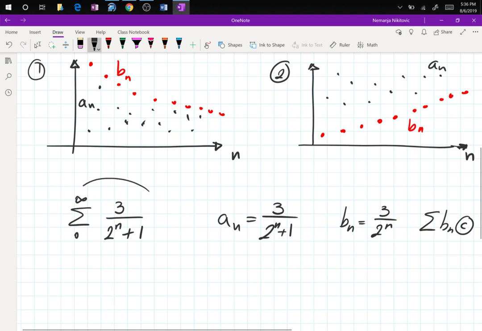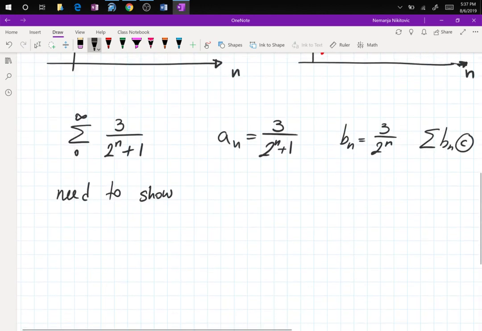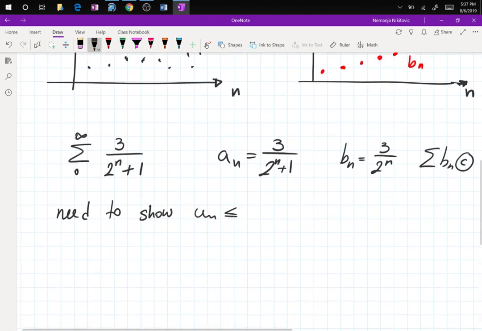Which means that this should converge, but before we can claim that, we need to show the condition which is an less or equal than bn. If we are able to establish this, then we can immediately claim convergence on an, because you would have all of the criteria from the theorem fulfilled.